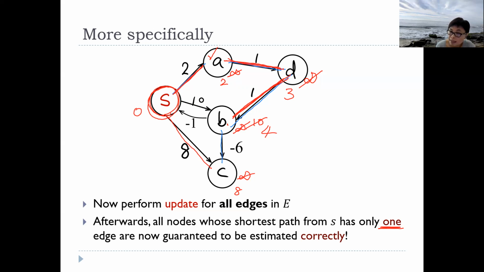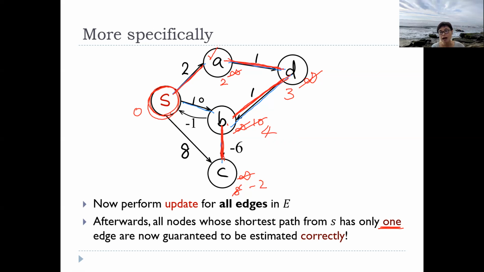Again, when I update on BC, I found a new way to go from B to C, where the distance is 4 plus minus 6, which is minus 2. That means that I found a new path to reach C, and the previous one is not the shortest anymore, so I changed the predecessor. Then I continue to perform update on edge SA, but this doesn't find any new path for me. SB also doesn't find any new distance or path for me, and SC doesn't discover any new path.